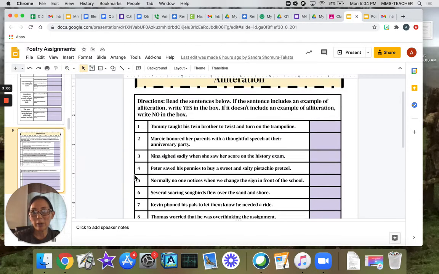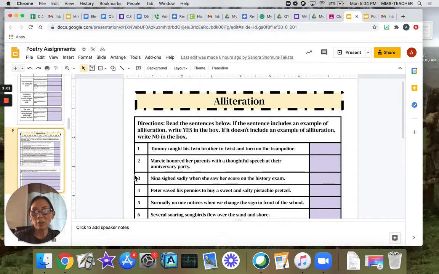This is for Friday. Alliteration and onomatopoeia is Friday's assignment. So for alliteration, the directions say, read the sentences below. If the sentence includes an example of alliteration, write yes in the box. If it doesn't include an example of alliteration, write no in the box.